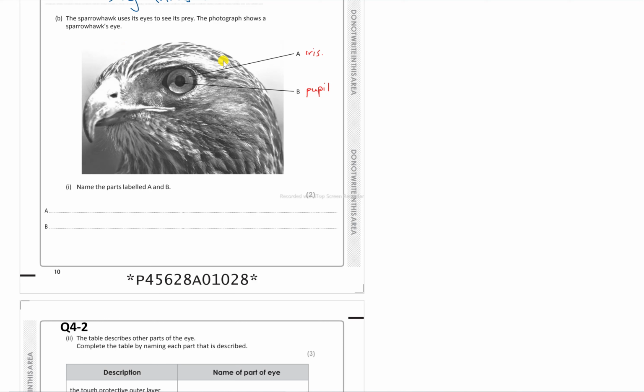On the mark scheme they said iris, cornea, so it is difficult to differentiate what they were pointing to exactly. So I think that's why they've done that. So the first one is iris or the cornea, and this is the pupil. Pupil is just a gap that the iris leaves.